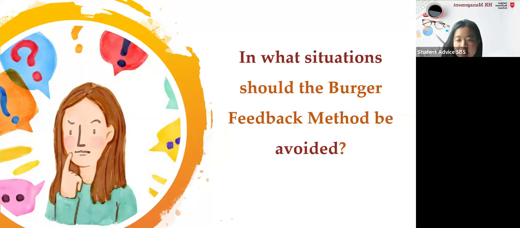So, in summary, the burger feedback method may not be suitable, firstly, in fast-paced environments where straightforward and direct feedback is more appropriate, or in situations where a comprehensive, in-depth, personalized, and nuanced assessment is required, or when dealing with serious issues that require immediate attention. Using this method in such cases might be counterproductive and time-consuming.